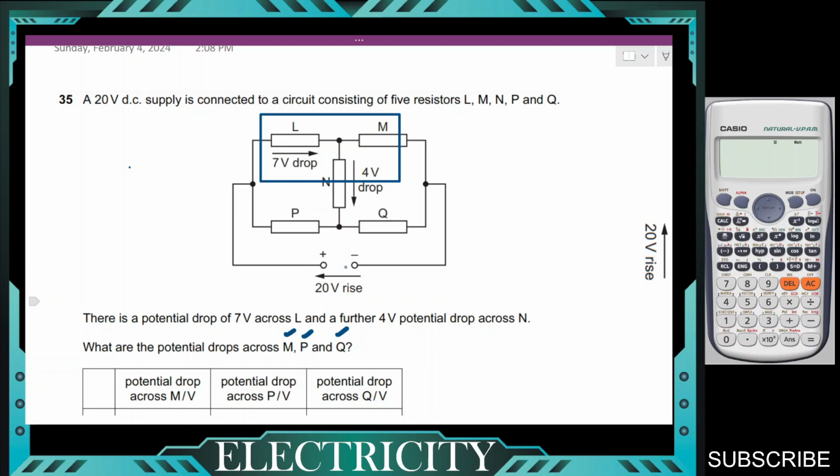And we know this for a fact: if the resistors are connected in parallel directly to the battery, then the potential difference across that unit equals the EMF of the battery.